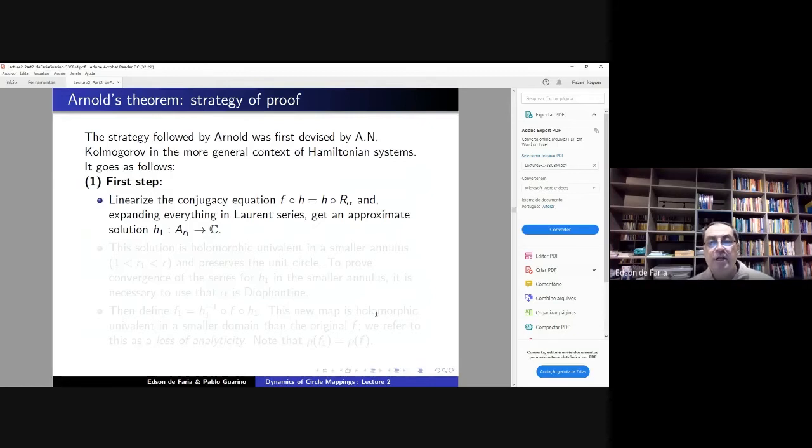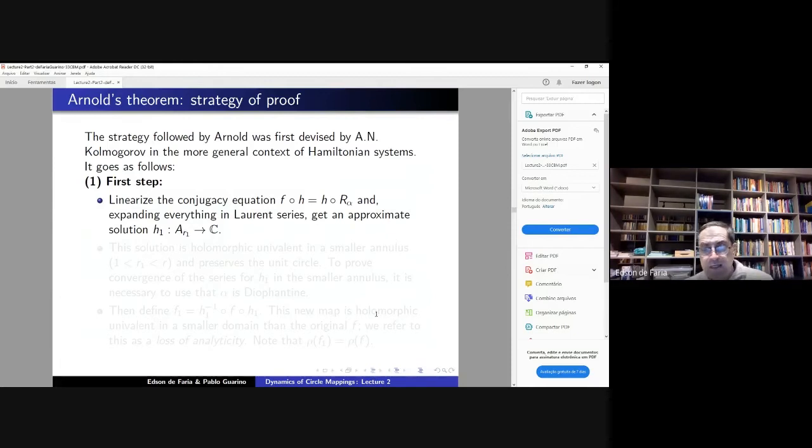And you're looking for an h that you also expect to be close to the identity, so you write h as the identity plus some small perturbation. And then you expand everything out and just look at the first order terms, and you get a linear equation. I'm going to get to that in a moment.